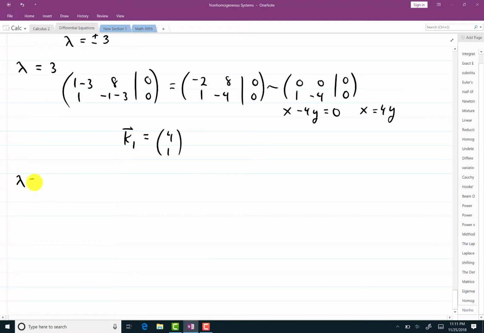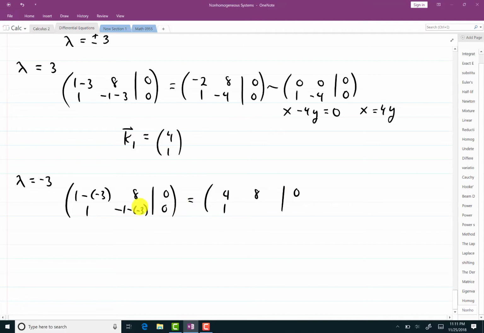For lambda equals -3, I have 1 minus -3, 8, 2 zeros for the column. -1 minus -3. I'll get 4, 8, 0, 1. Here I'll have -1 plus 3 will be 2.